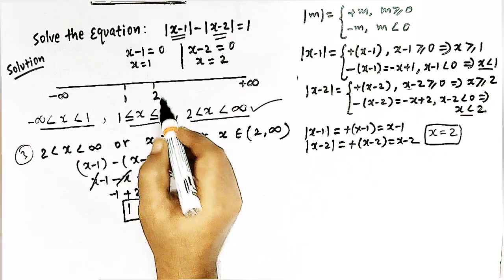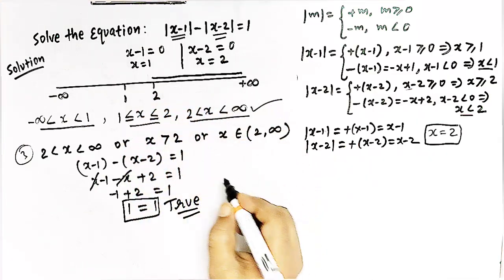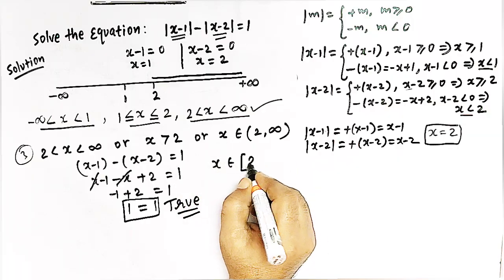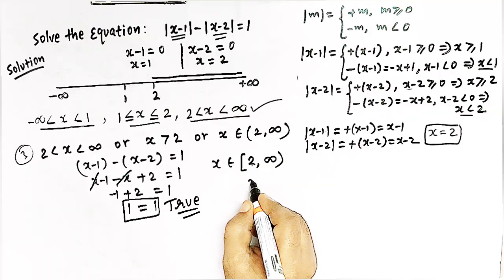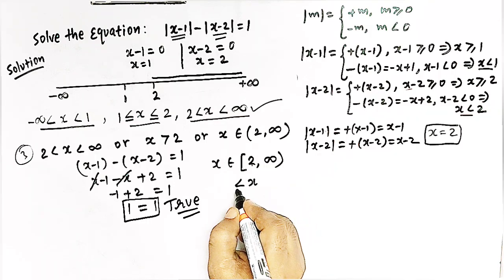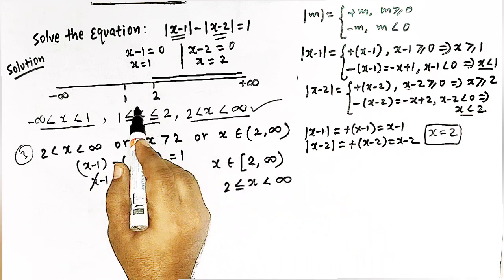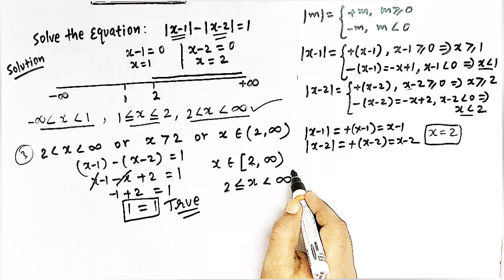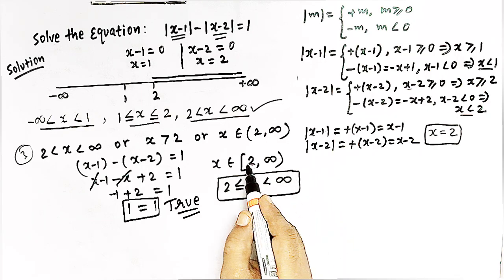So this implies that all the values of x which belong to this interval, that is 2 to infinity. Here 2 is included, or we can write x is greater than or equal to 2 and less than infinity. So here the solution of this equation can be described as this interval.